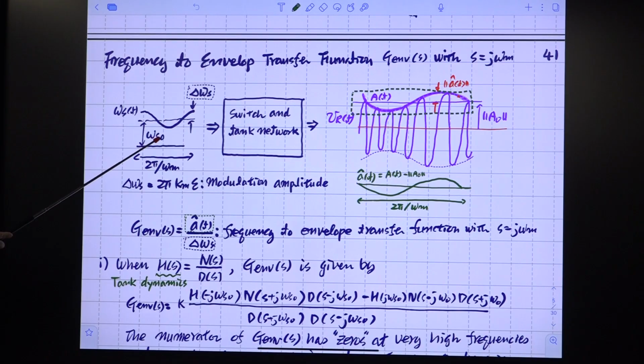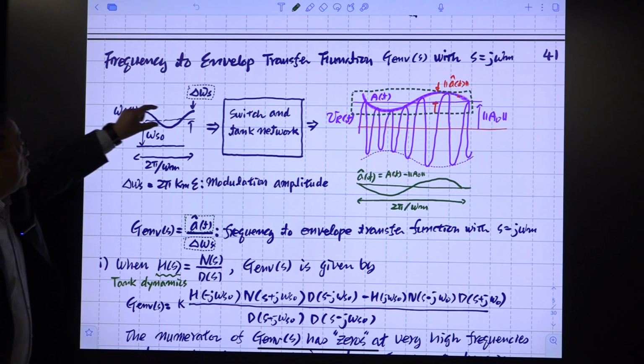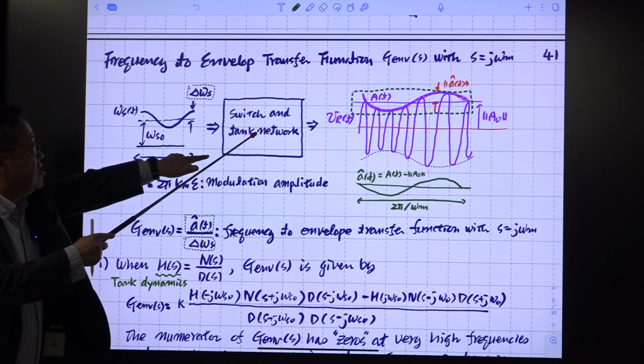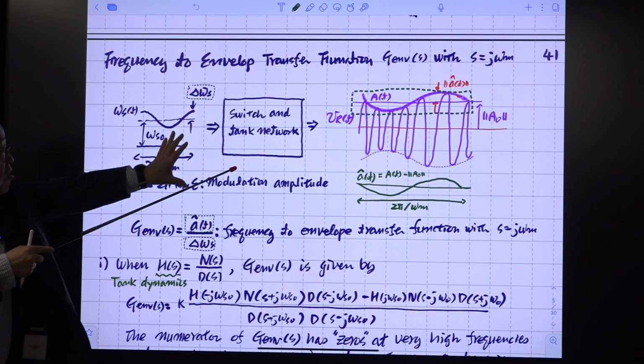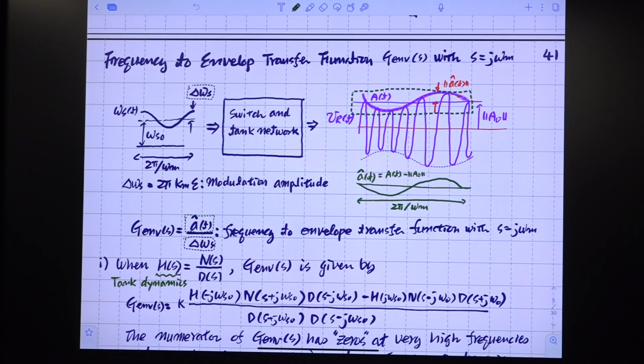This omega_s0 is the unmodulated switching frequency, modulated by this modulation signal. So this is the variation in the switching frequency, and this is the switch and tank network here. Then the resonant tank is providing this kind of waveform.